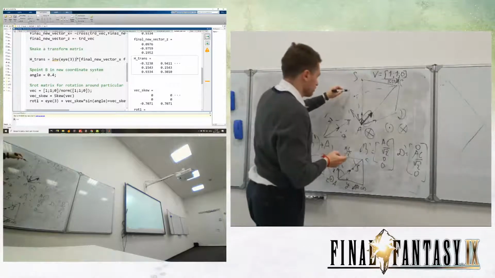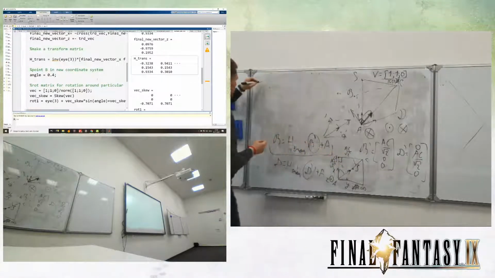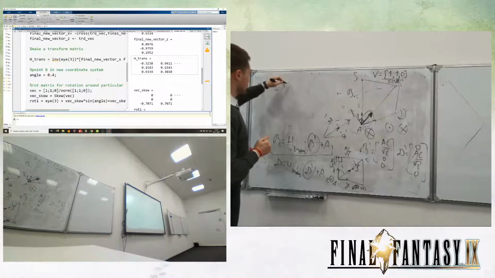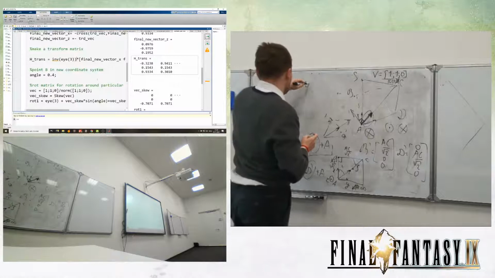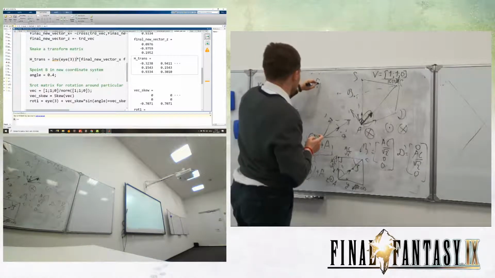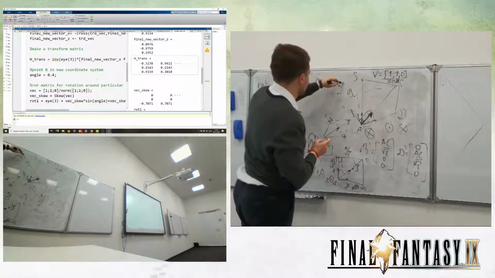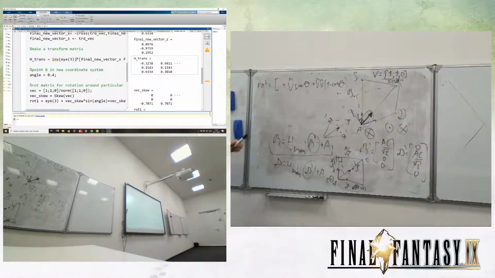And now we use this magic. Our rotation, let's call it R, will be I plus v hat sine theta plus v hat squared times 1 minus cosine theta. Do you remember what the hat means? Try to think.